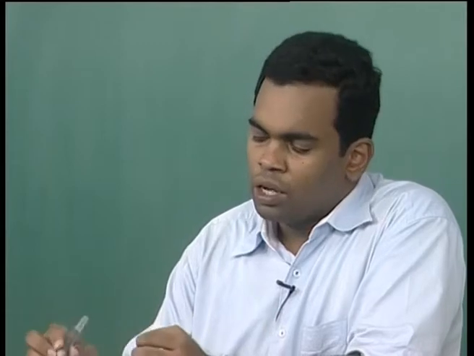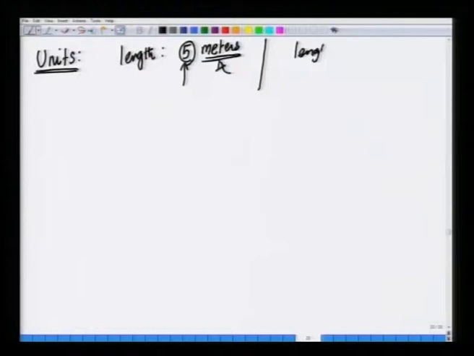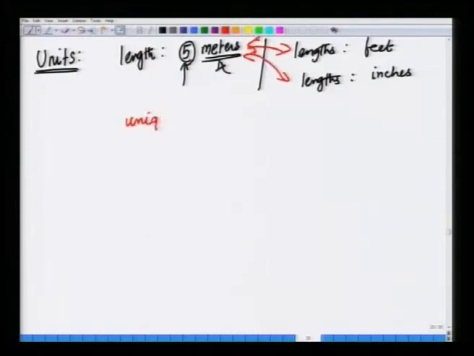Even if somebody else measures lengths in feet, and somebody else measures lengths in inches or so on, as long as you can convert from one to another in a unique way, if you have unique conversion rules, that means that you can compare various measurements.